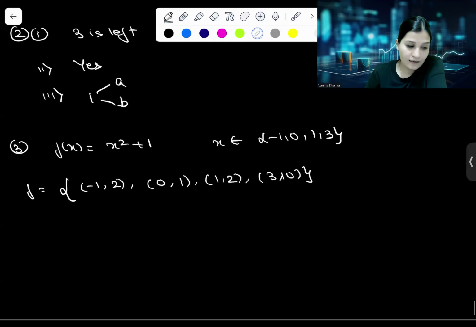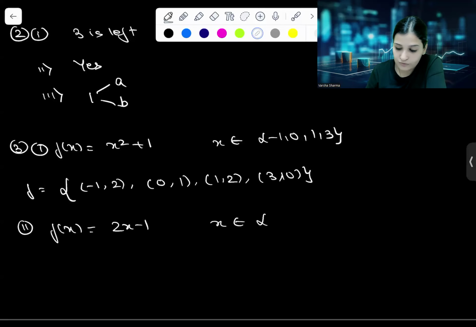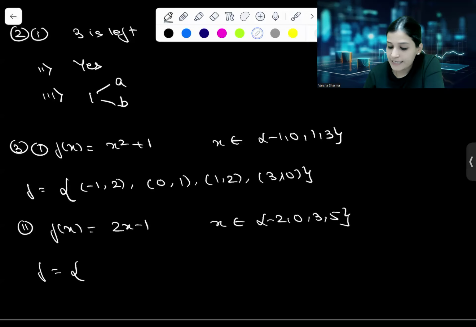Roman 2. The equation is twice x minus 1. X belongs to minus 2, 0, 3, 5. So if I take x as minus 2, the answer is minus 5. If I take x as 0, minus 1.